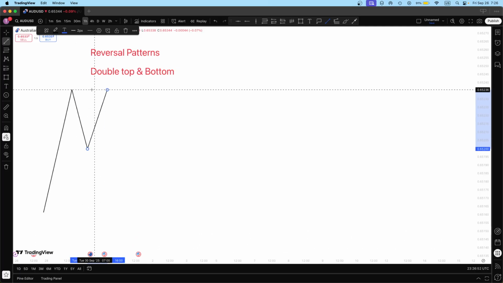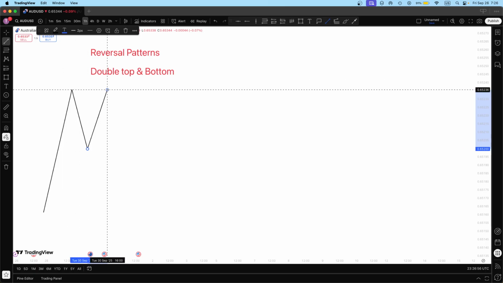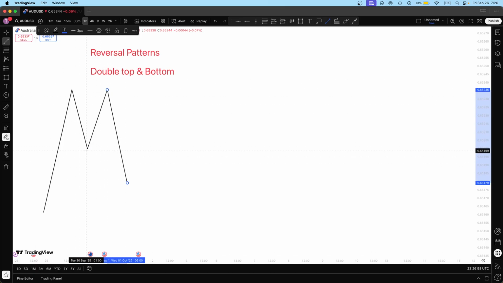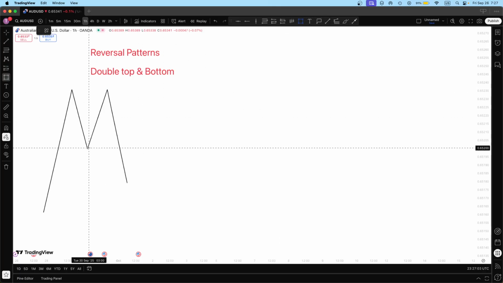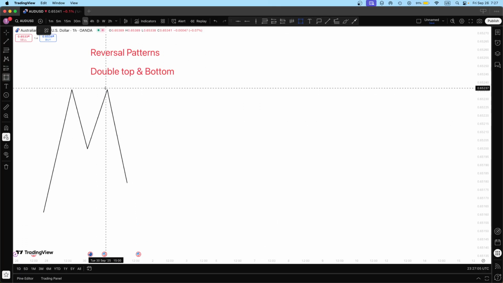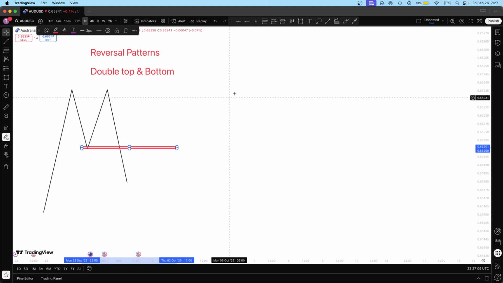It doesn't have to be exactly to the point, around the zone should be fine, and then drops. And one thing to note is the point of the last push, this is what they call the neckline.